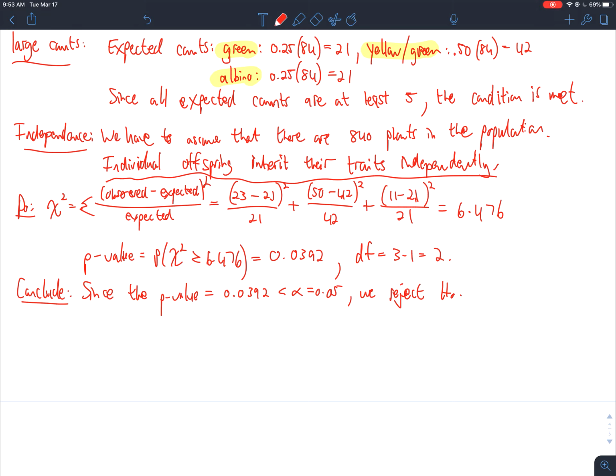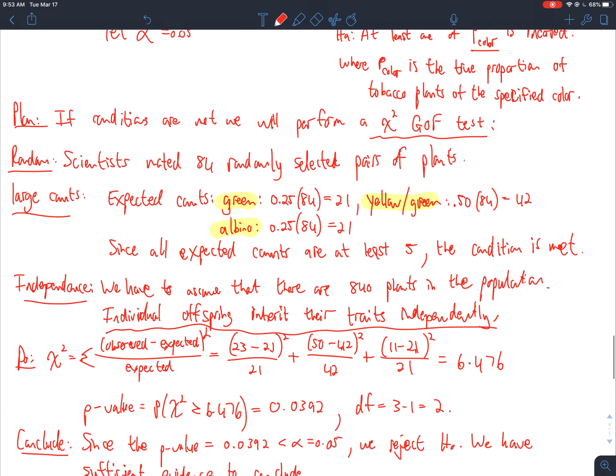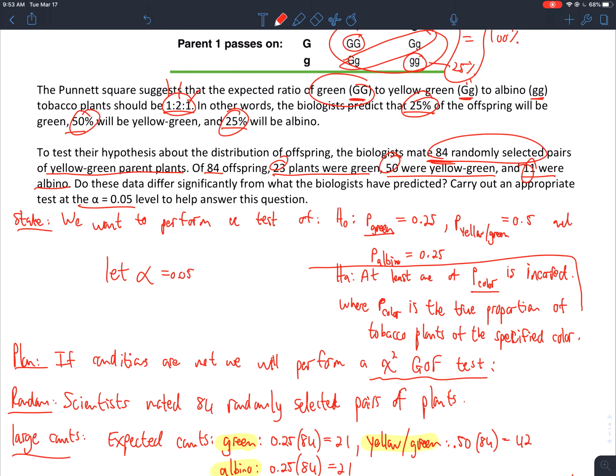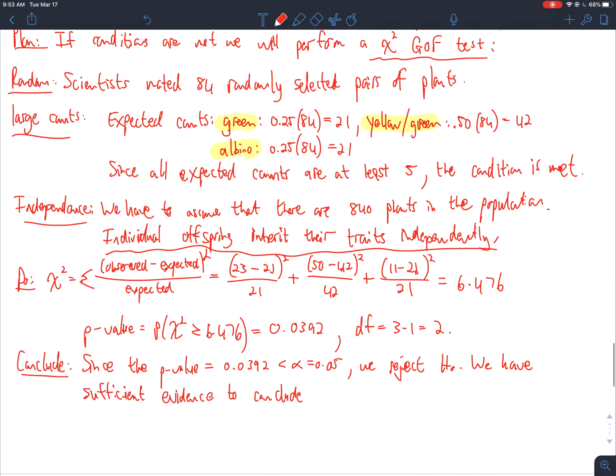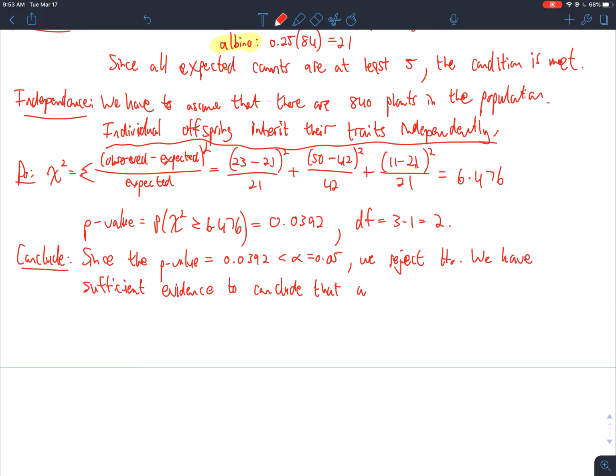Okay, so we have sufficient evidence to conclude, and now we're talking in terms of our alternative hypothesis here, okay, that at least one of the claimed distributions of color is incorrect. Okay?